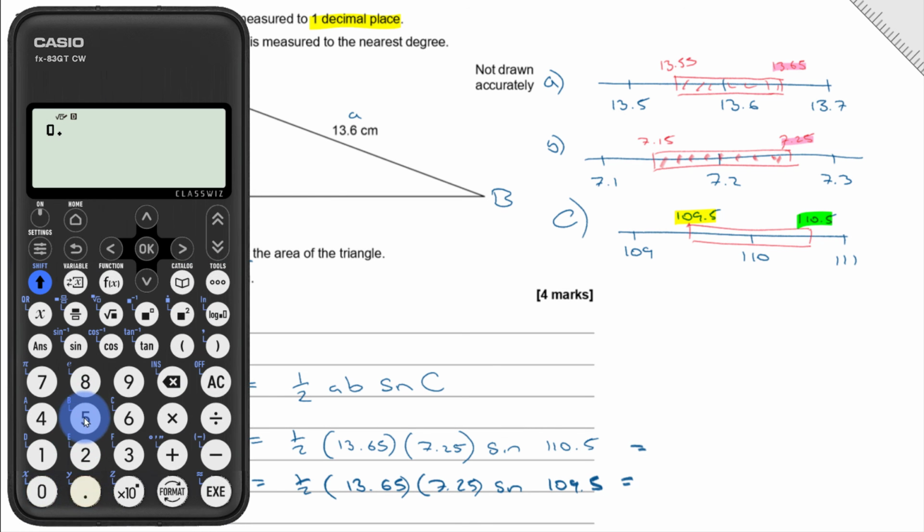That is going to be my upper bound, isn't it? So let's work those two out. 0.5 times 13.65 times 7.25 times the sine of 110.5. That one comes out to be 46.347. I'm going to round it off to 46.35.